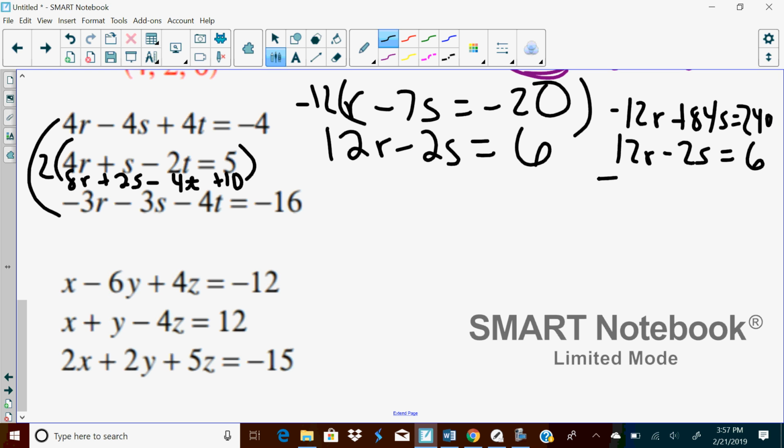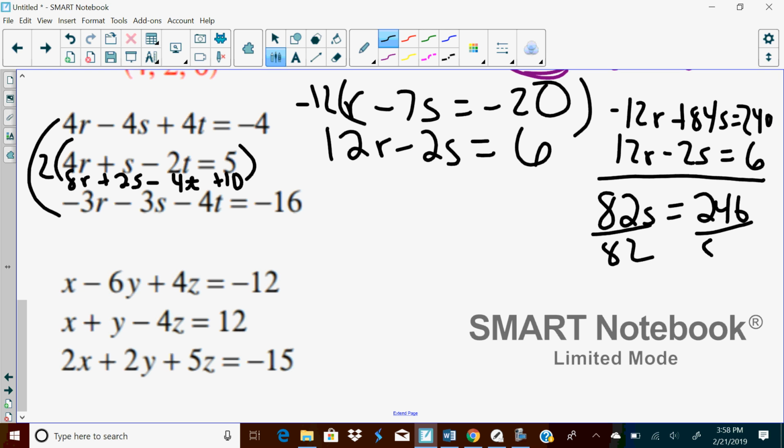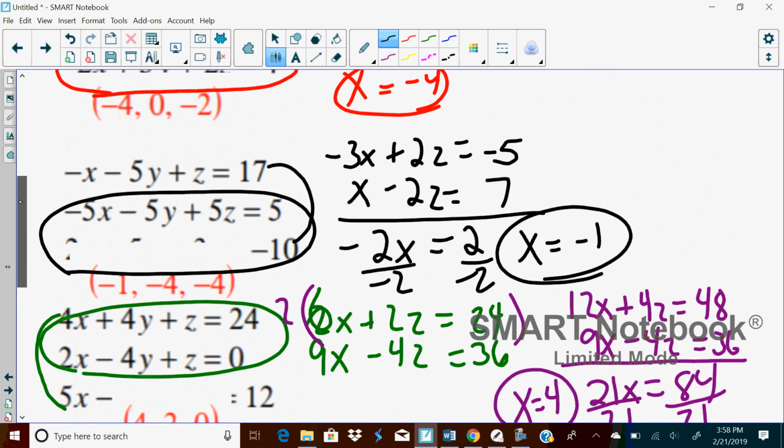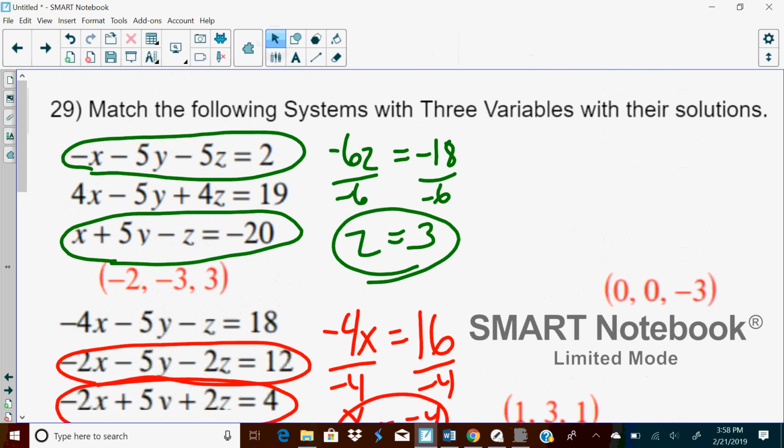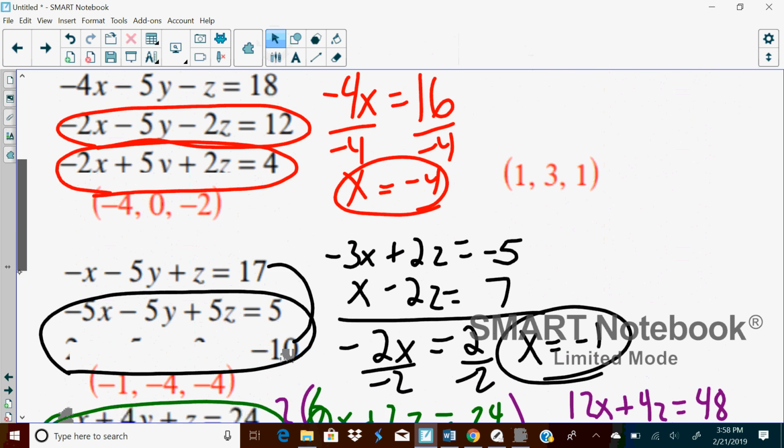When I combine those together, I'm going to get 82s equals 246. And when I divide, I get s equals 3. Since it's RST, I'm looking for one that has a 3 in the middle, which happens to be that one. So this one has to be my match.